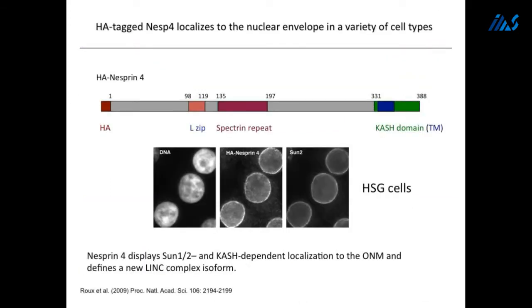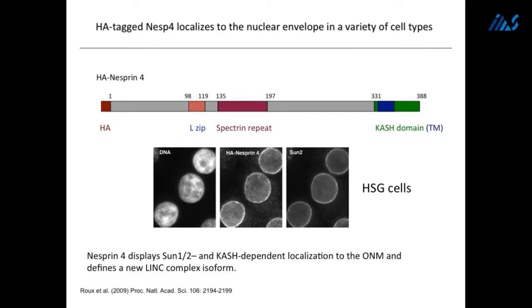Okay, so what can we tell you about nesprin 4? Well, it's a gratifyingly small protein for a start, which made us all extremely happy. When you transfect it into a human cell line, this is a human salivary gland cell line, but that's not really particularly relevant, this tagged protein localizes to the nuclear envelope, and this localization is absolutely dependent on SUN1 or SUN2.